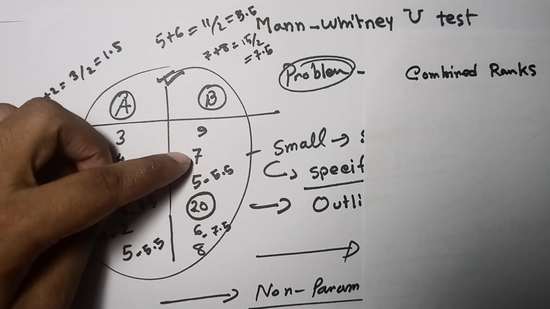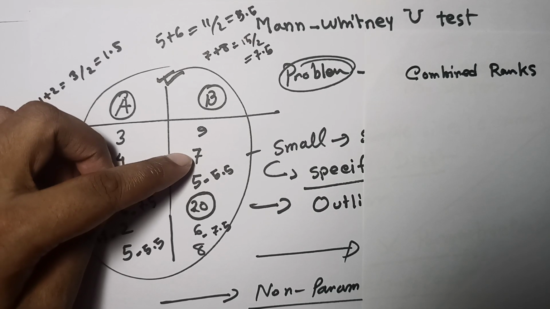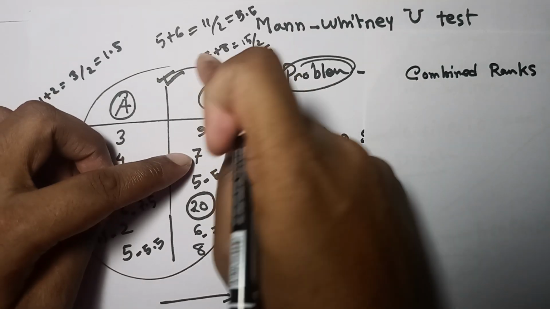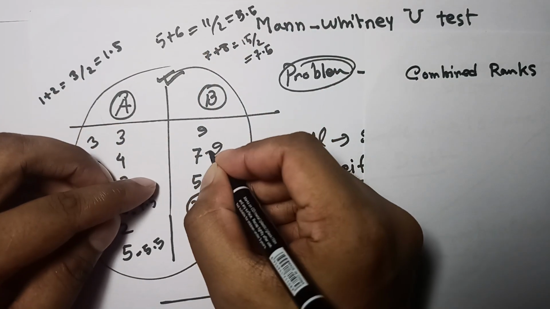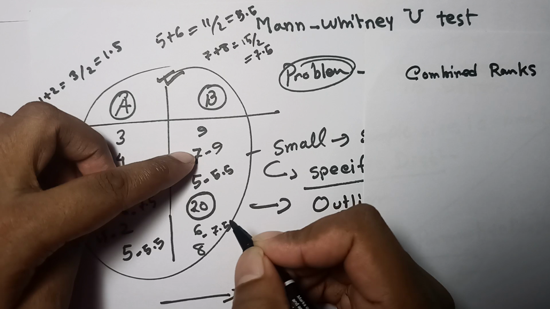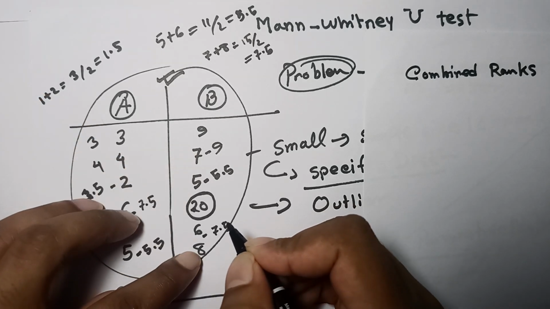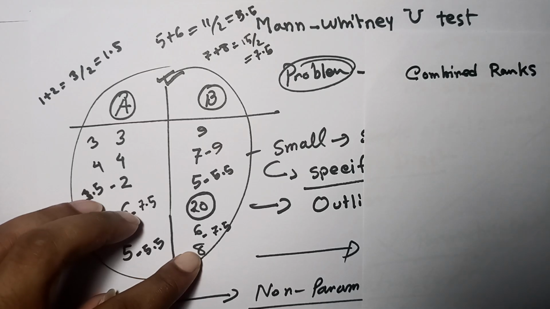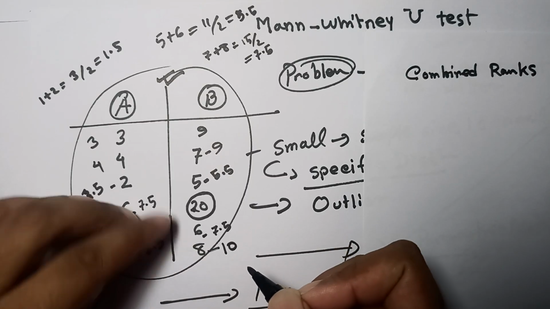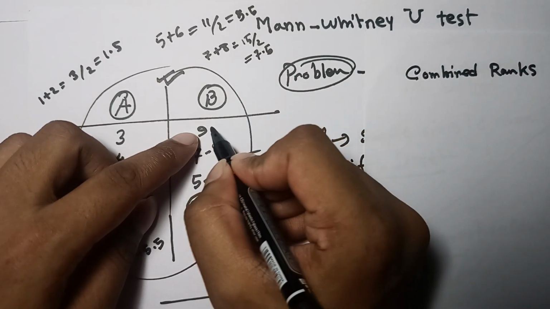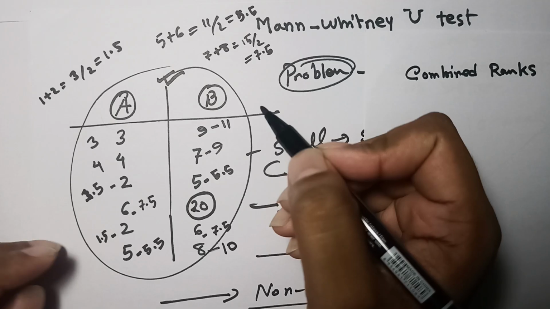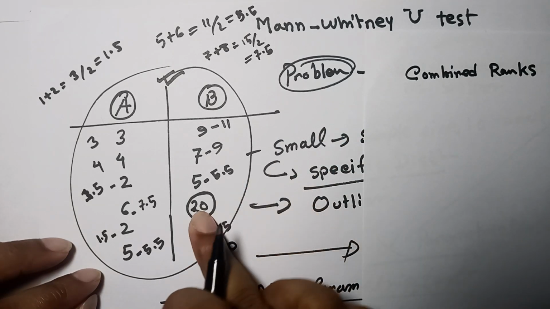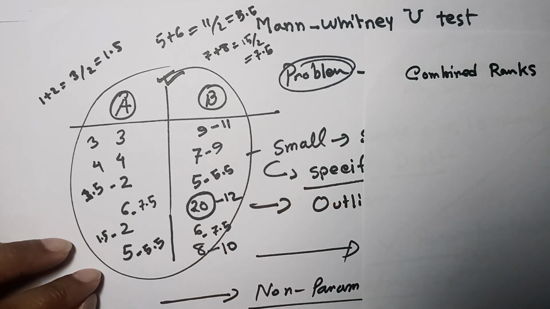The next is 7. We finished 7 and 8, so 7 will be rank 9, 8 will be 10, 9 will be 11, and this one will be 12.